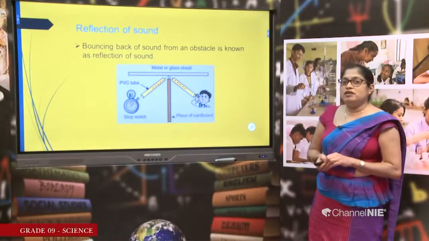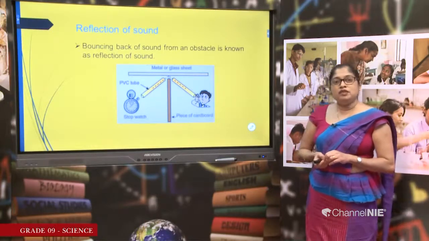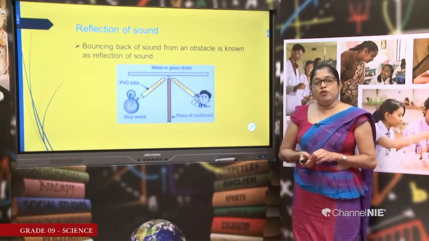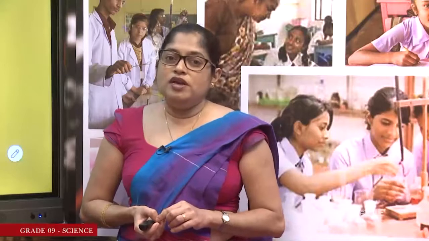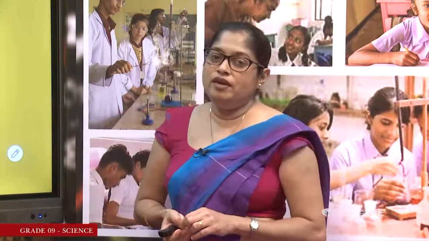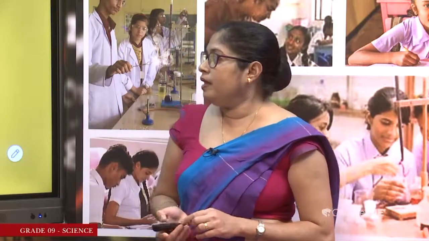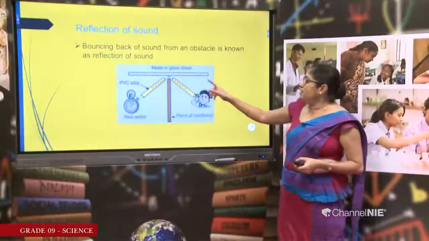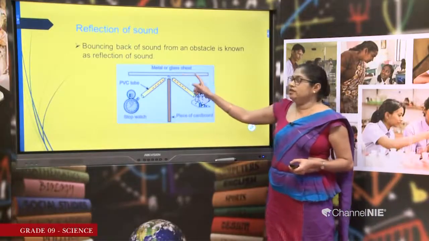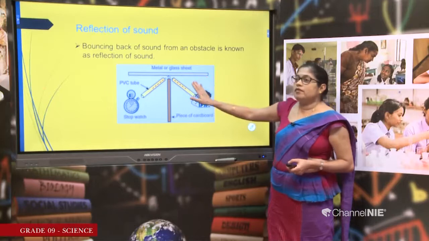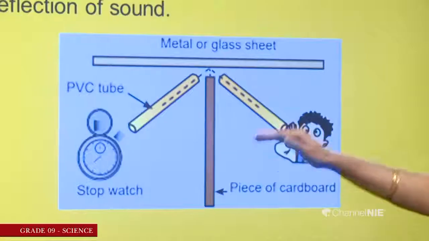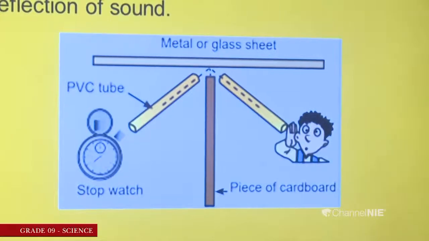To explain this, I will show you another video. Before we go to the video, I will explain what is happening in the video. Here you can see a metal sheet is kept on a tabletop perpendicular to it.